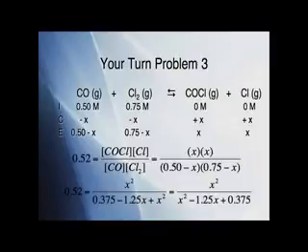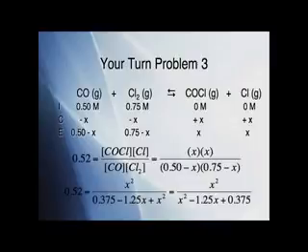Using my values from the ICE chart, I then have X times X over 0.5 minus X times 0.75 minus X. This is not a situation where you can use the concept of the perfect square to simplify. So we have to work through the algebraic manipulation to solve for X.